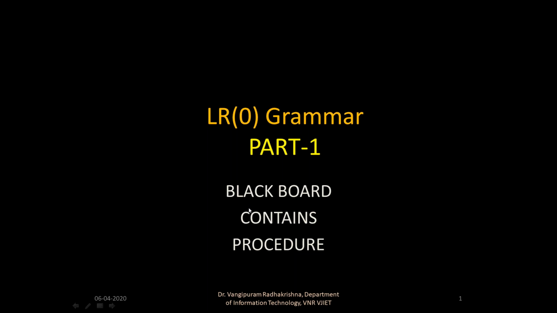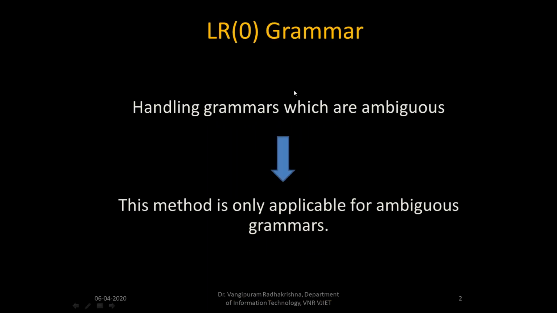So we now discuss the procedure to identify if a given grammar is LR0 or not. Our procedure is basically about testing if the given grammar is ambiguous. To verify if a given grammar is ambiguous, there is a conventional procedure wherein you prove that a randomly chosen string can be derived in two or more ways.